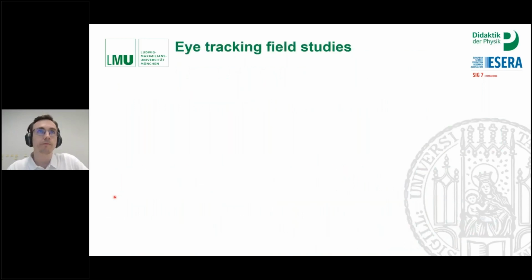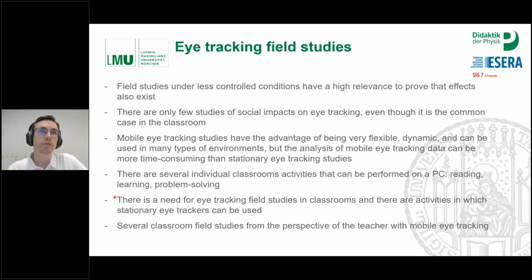First of all, some general aspects of field studies. By field studies, I mean studies in a real learning or studying environment like a lecture hall or a classroom. They have, as I mentioned already, a high relevance to prove that the effects also exist.